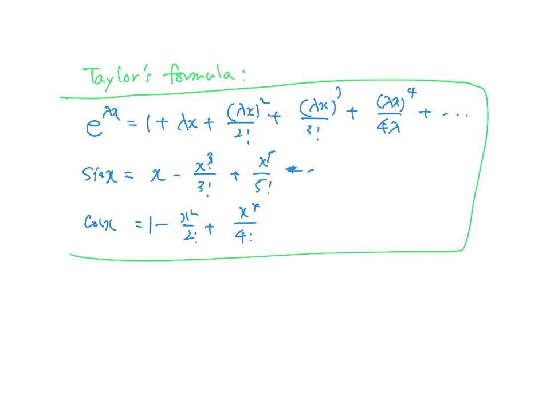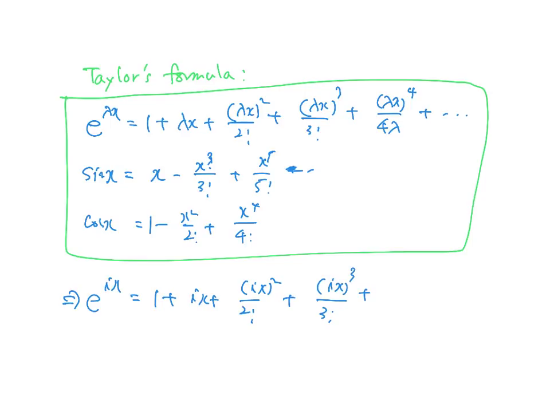So we can substitute. Exponential ix is 1 plus ix plus ix squared over 2 factorial, ix cubed over 3 factorial, ix to the fourth over 4 factorial.